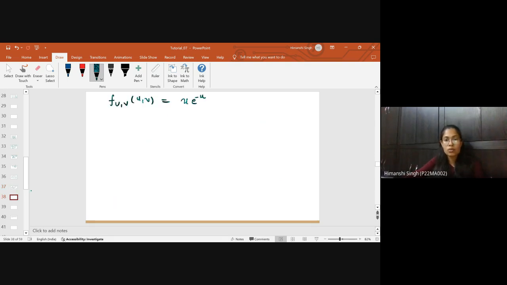So we are considering u greater than 0, but v less than 1. This is basically the domain on which this density is positive. Otherwise it will be 0. So this is basically the joint density of u and v.